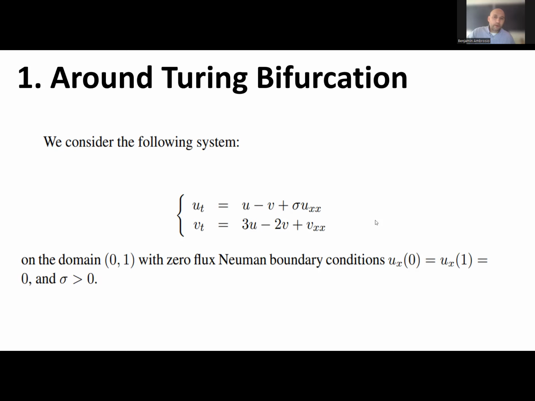So today we are going to deal with this reaction diffusion equation. We consider the zero flux Neumann boundary conditions, and the domain is 0 to 1, so it's a toy model, and we want to see what's happening when sigma is varied.